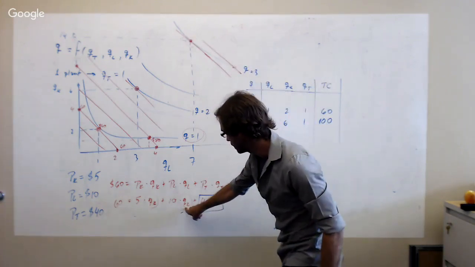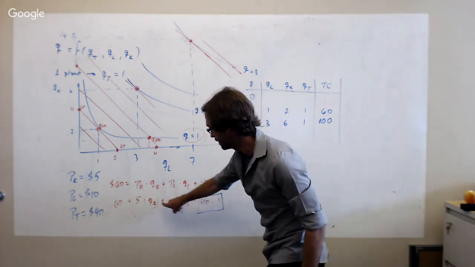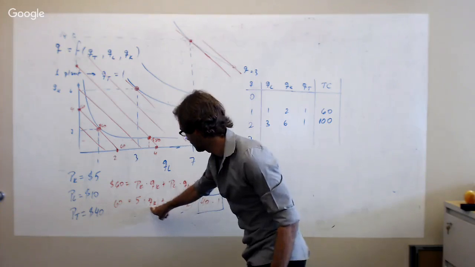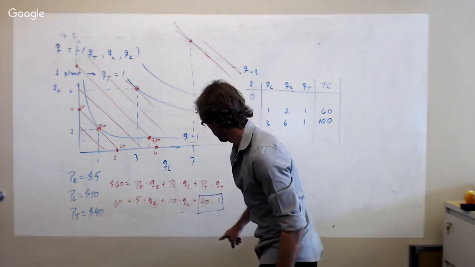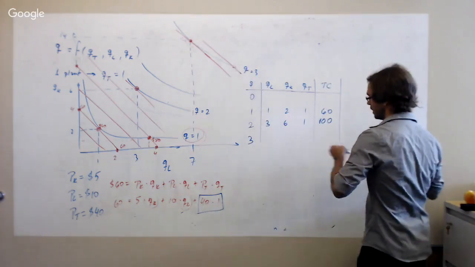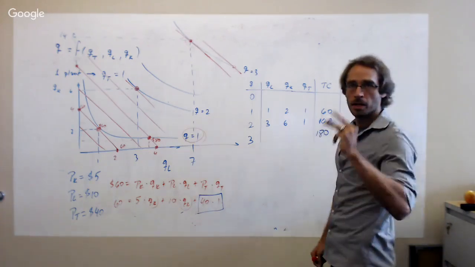So if this is, what was it, 7, that would be 70. 14 plus 70 again, right? 14 plus 5 times 5. So that's 140, 180. So now we're spending $180 on 3 washing machines.